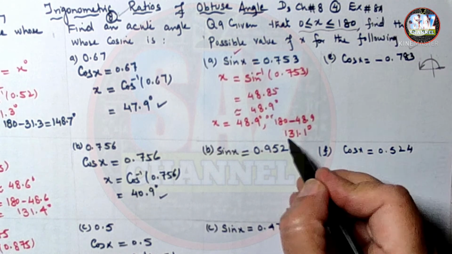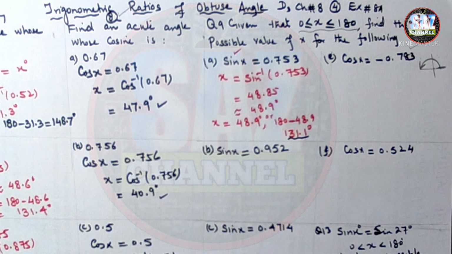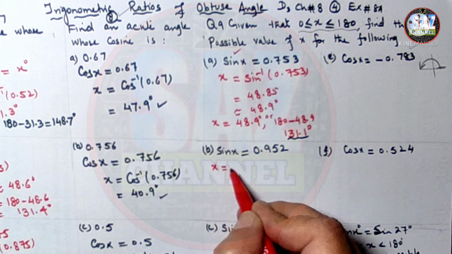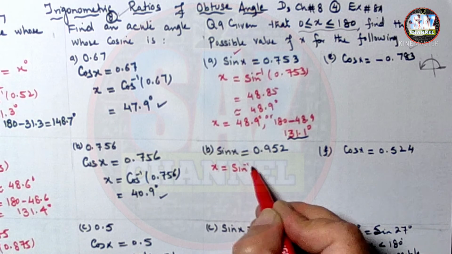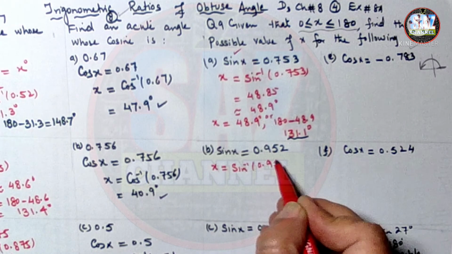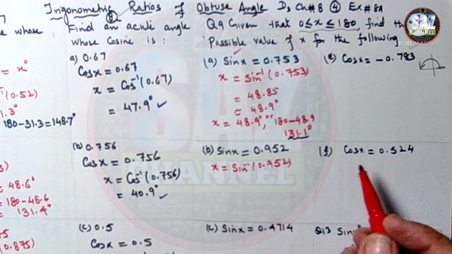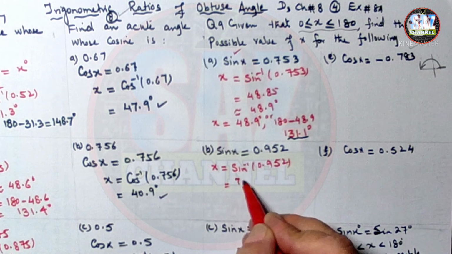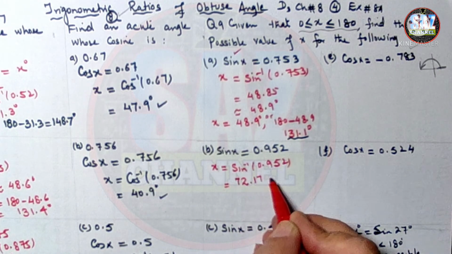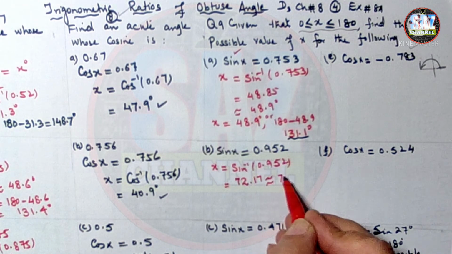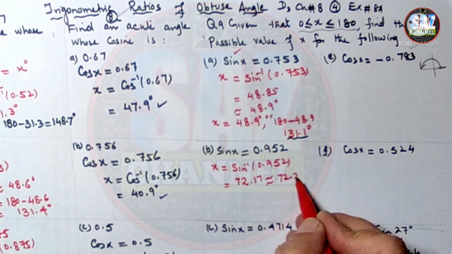Let me block this answer and move to the second part, that is sine of x equals 0.952. X equals sine inverse of 0.952, and I have to take the inverse sine of 0.952, and this gives me 72.17, which is approximately equal to 72.2 degrees.